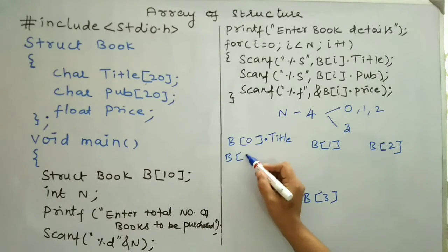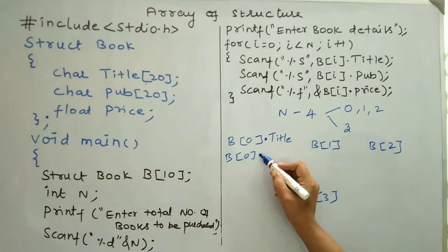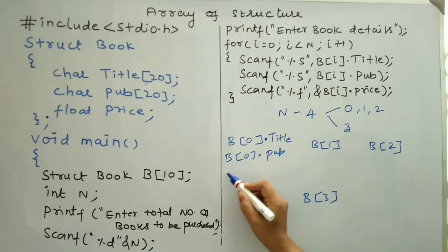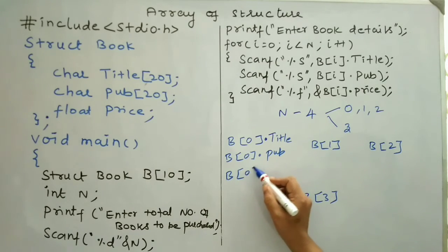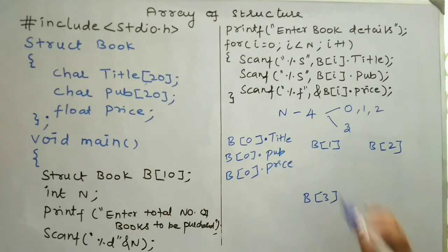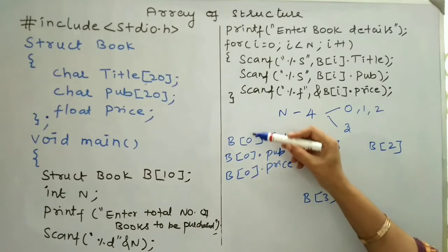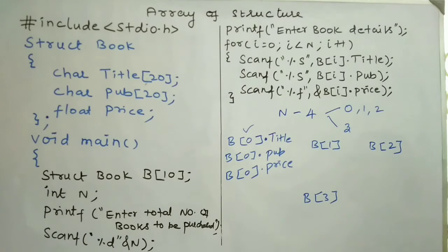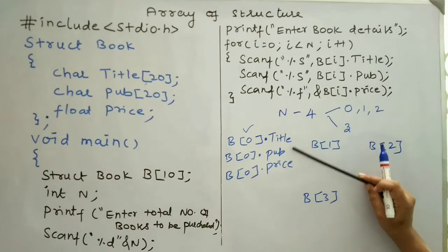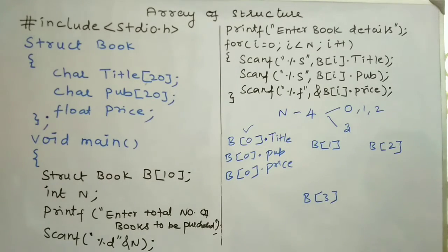The second data member can be accessed with the structure variable, dot operator and publisher. And then the third data member can be accessed with the structure variable, dot operator and price. So the structure variable in index position 0 is going to store the details of the first book the purchaser wants to purchase. The details are title, publisher and price.